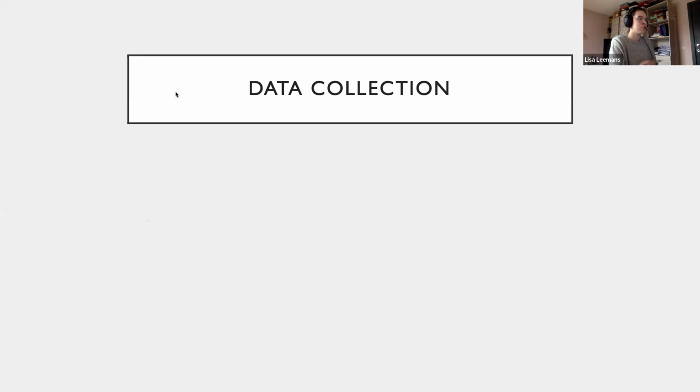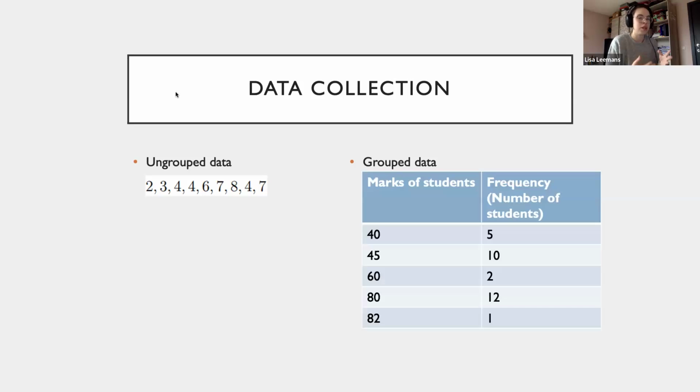So now, two separate types of data which we will use in this class. We either have ungrouped data, which is just a set of numbers, as you can see in this picture: 2, 3, 4, 4, 6, 7, 8, 4, 7. We also have grouped data, which is put in a frequency table as we know it here in Belgium.